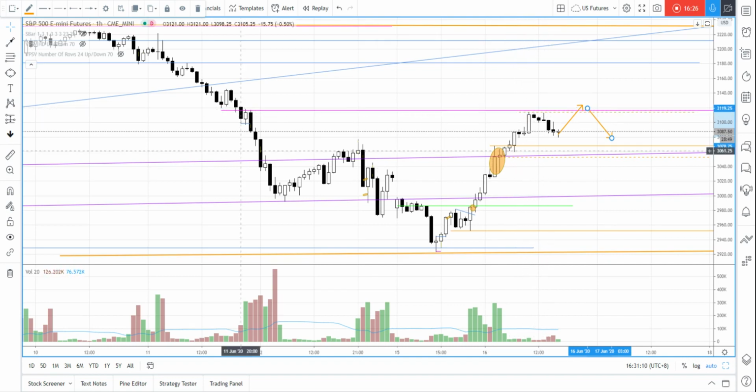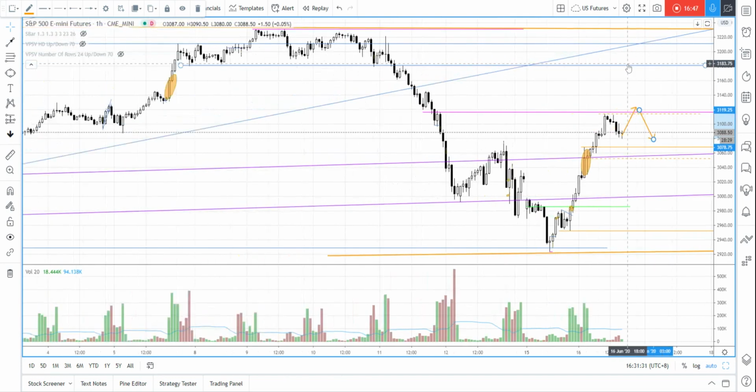So this is where the selling began on the 11th of June. You can see the selling begin here and just accelerate downward. So this is the first resistance level, 3120, and subsequently if we can break that, then definitely 3180 is the next important level that we should see the S&P 500 test.